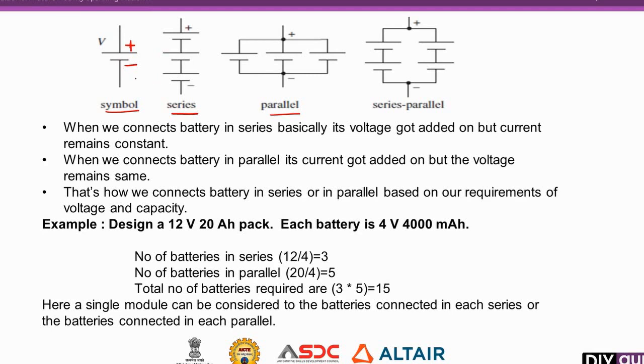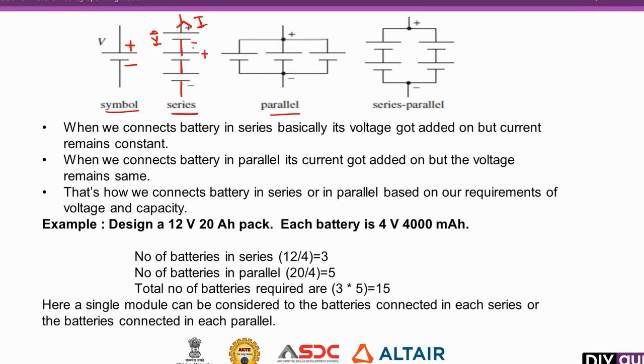When a group of cells are connected end to end, where this negative is connected to the positive, again this negative is connected to the positive, then this negative is connected to some other positive, such that there is only one current flow, but the voltage drop across each cell may vary, then we can say these batteries are connected in series.